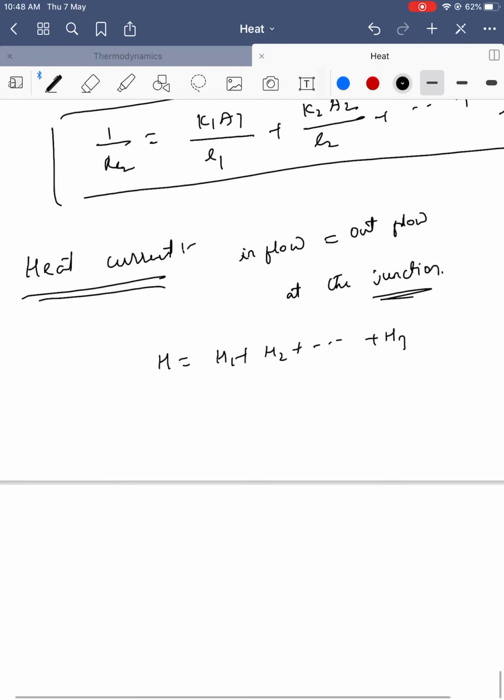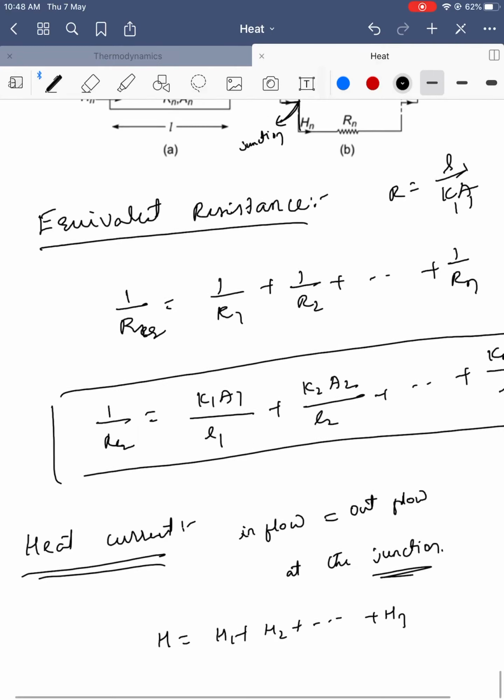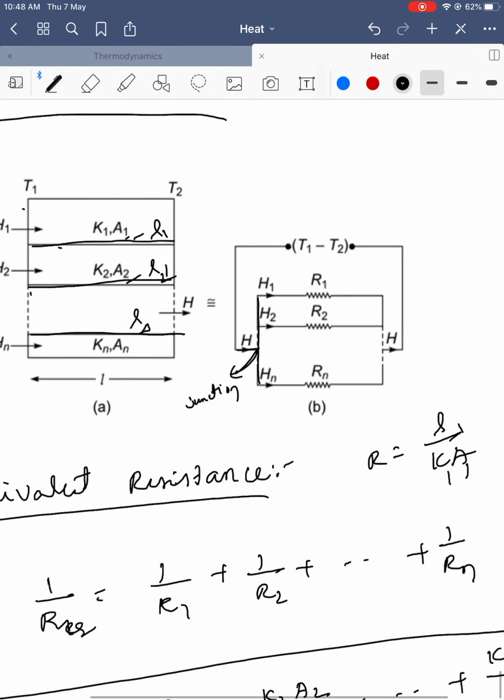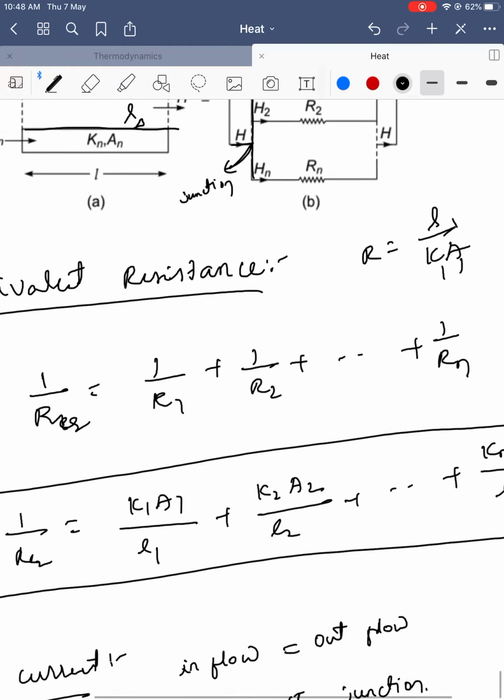Okay, what is the heat for all the values? H1 is equal to delta T by R1. So what is the temperature here? T1. What is the temperature here? T2. So for all the cases the temperature difference is the same, T1 minus T2 by R1. H2 also is T1 minus T2 by R2.